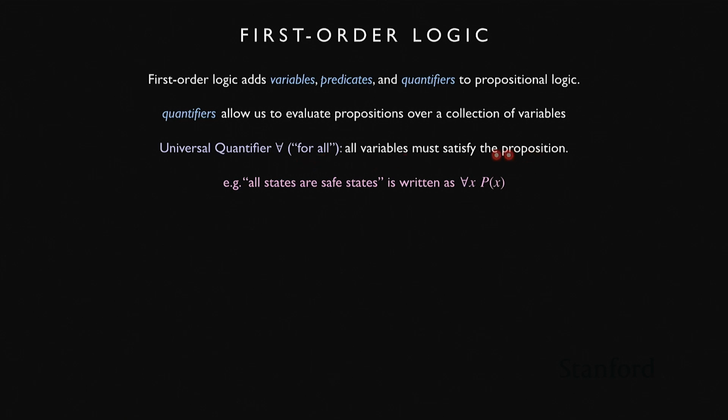So when you have this type of quantifier, it means that all variables in the domain must satisfy the proposition or the predicate that we put forward. An example would be if we want to say all states need to be safe states, then we can write for all x, p of x, meaning for all x, p of x must evaluate to true.